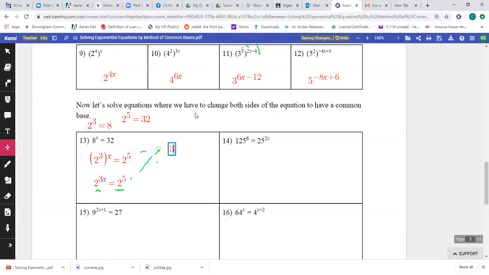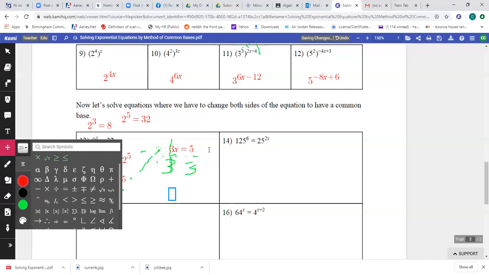So I'm going to have 3x is equal to 5. And now you have a basic equation to solve. All I have to do here is divide both sides by 3. This cancels. And so my final answer here is x is equal to 5 over 3.